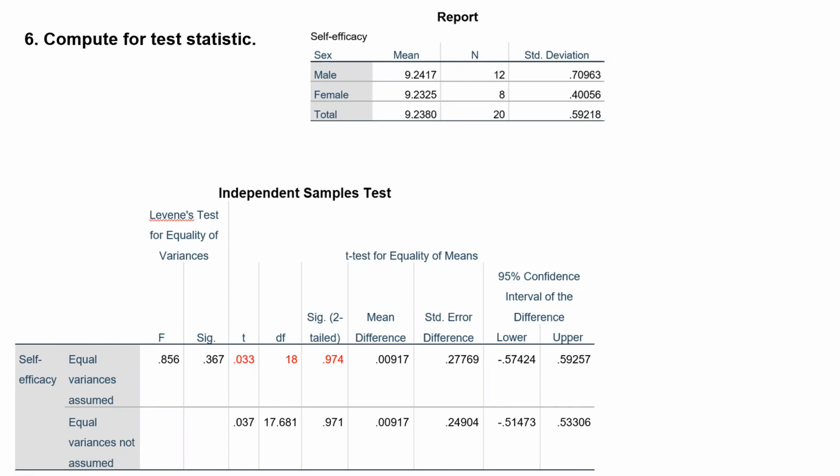If the value of the sig of Levene's test is greater than 0.05, then we will report the t, df, and sig two-tailed of the first row. However, if the sig of Levene's test is less than 0.05, then it's better to report the t, df, and sig two-tailed of the second row.